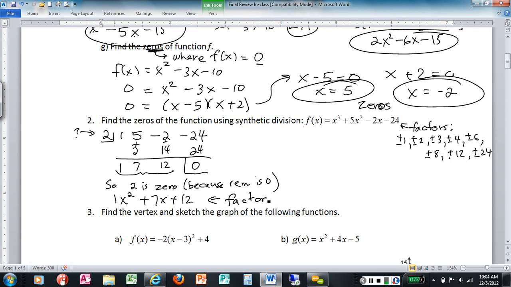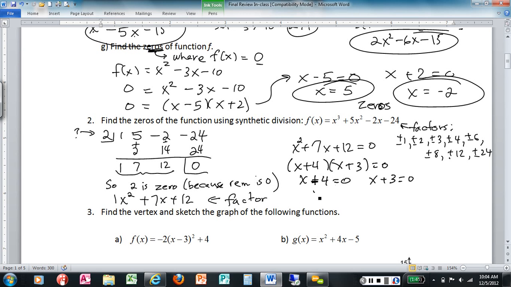And so if I set it equal to 0 and factor it, set that quotient I get equal to 0 and factor it, that gives me my other zeros. 4 and 3. So that'd be negative, set that equal to 0.